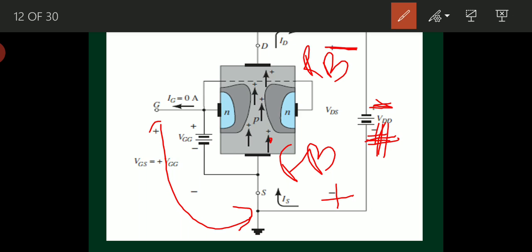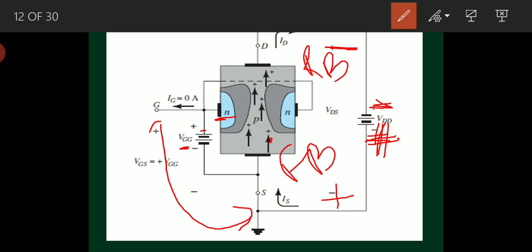So the reverse bias is high here. And now I am applying VGG, some positive value. The positive terminal of VGG is connected to the N-type semiconductor substrate, which is the gate here. If the N-type semiconductor substrate is given to the positive terminal of the battery, it reverse biases the gate terminal now.